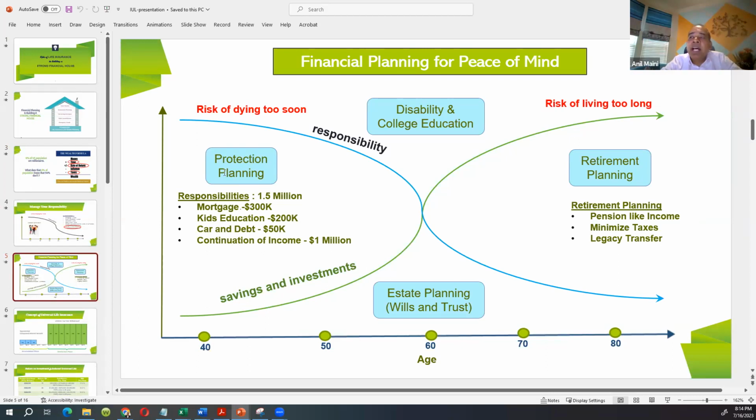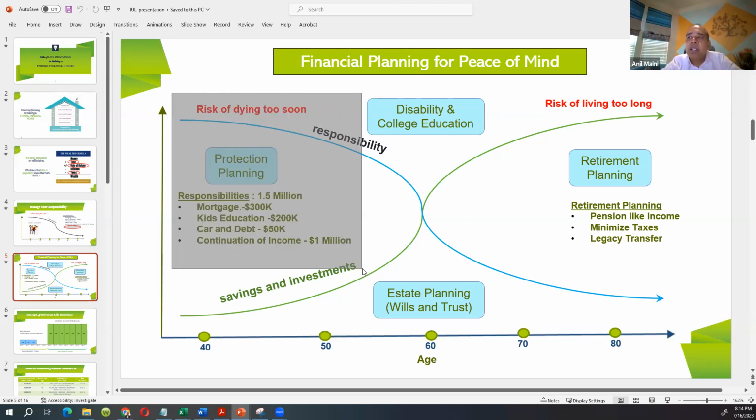So if they continue to put money in their mortgage and God forbid something happened to the primary bread earner, then it will be difficult for the family to pay off the mortgage and they might end up selling the home. But if this person has taken the IUL for the remaining amount, God forbid something happens, his family is protected.